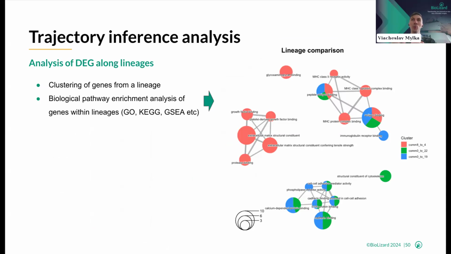And here, the beauty of it is that we can say these pathways are enriched in this trajectory, and these pathways are enriched in the part of the trajectory which is common for several trajectories. So that also helps us to understand how those trajectories, or in the case of our model, pathologies, differentiate and progress.